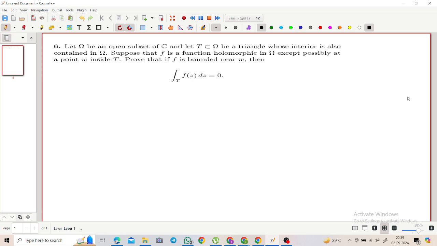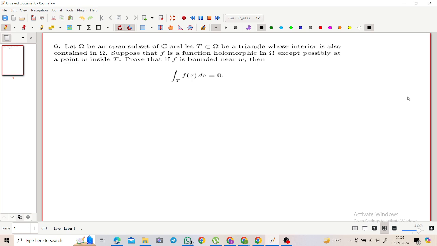Suppose that f is a holomorphic function on omega except possibly at a point w inside T. Prove that if f is bounded near w, then the integral of f(z) over T is 0.